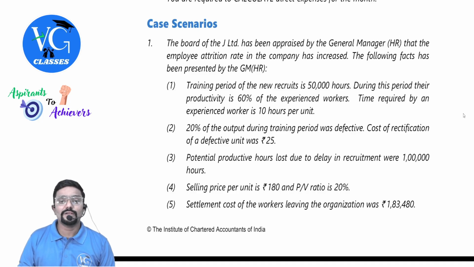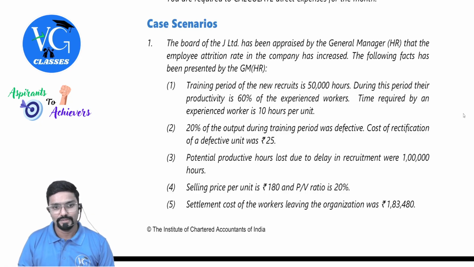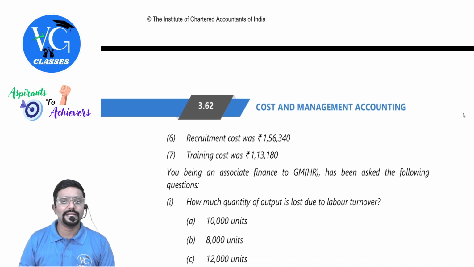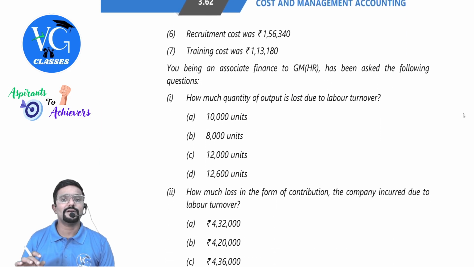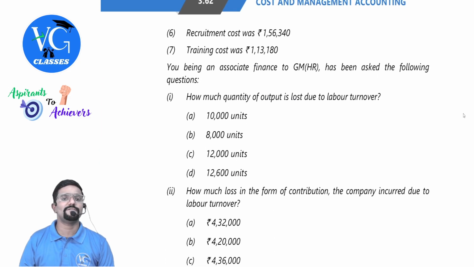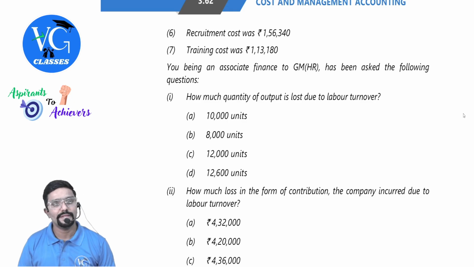Potential production hours lost due to delay in recruitment were 1 lakh hours. Selling price per unit is 180 and PV ratio is 20%. Settlement cost of workers leaving the organization was 1 lakh 83,480. Recruitment cost was 1 lakh 56,340. Training cost was 1 lakh 13,180.